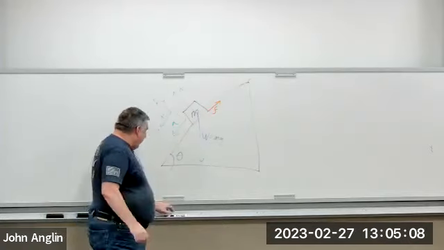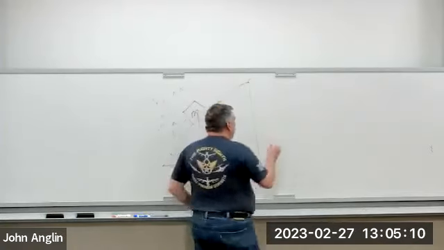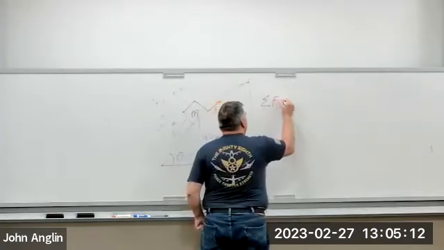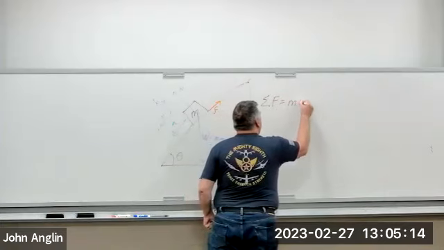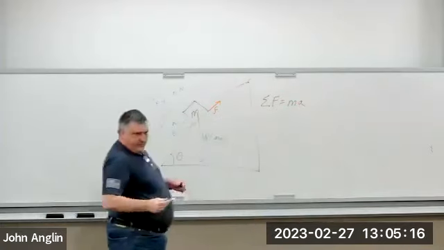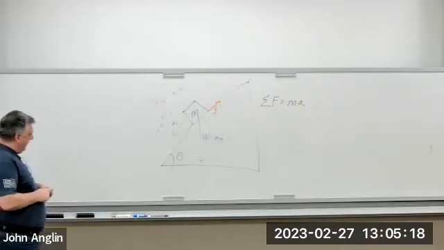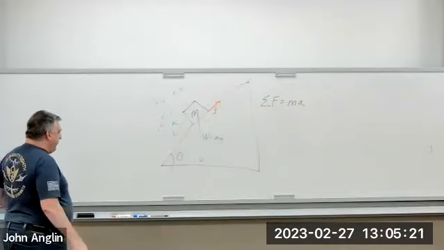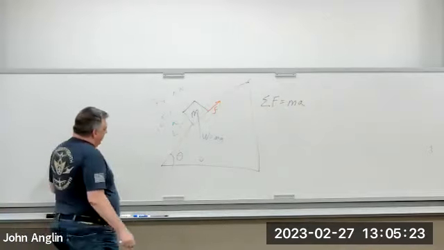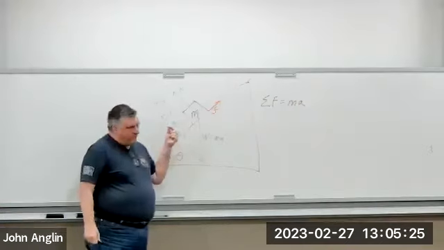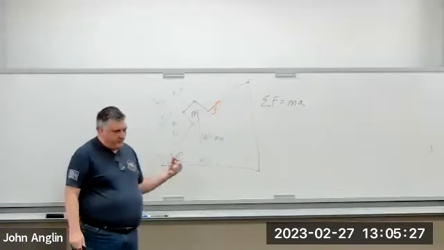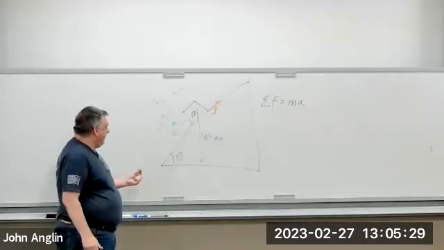Ultimately, the way you solve all of these problems is just Newton's second law, knowing that the sum of all the forces is equal to the total mass of the system times the total acceleration of the system.